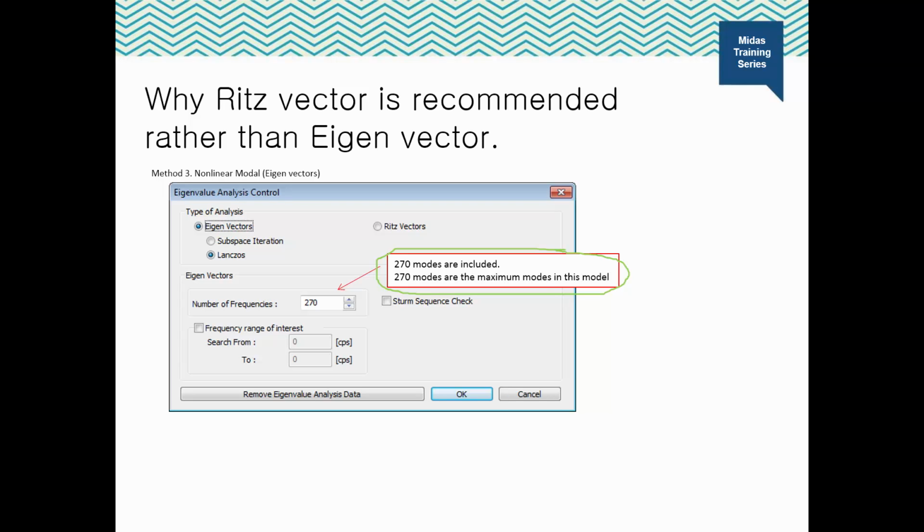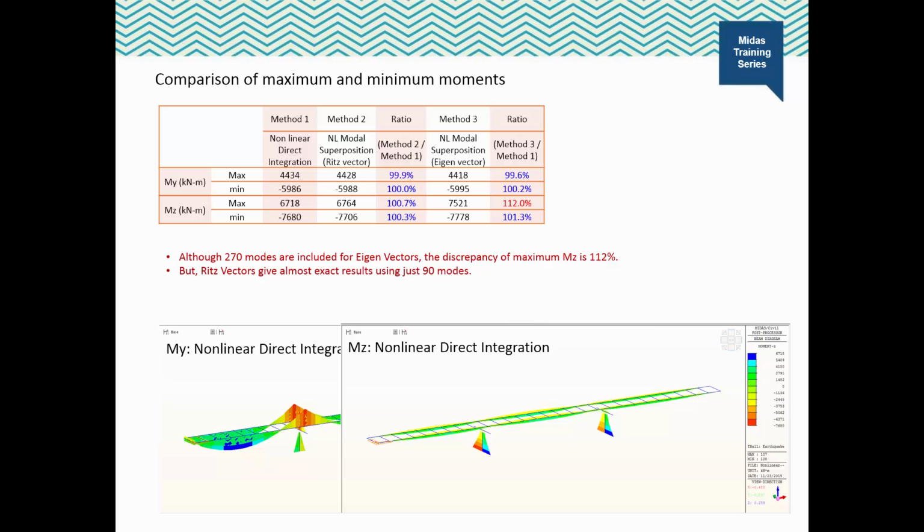Let us compare the results due to these three methods. So here we can see the bending moment.